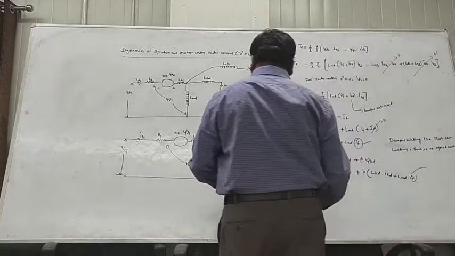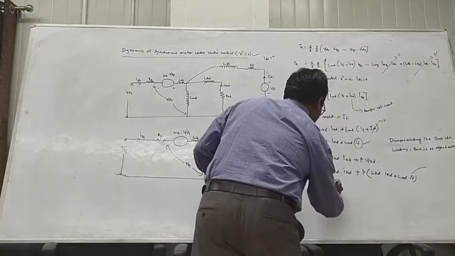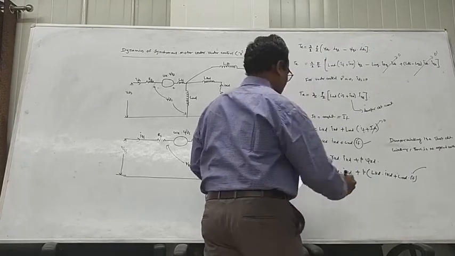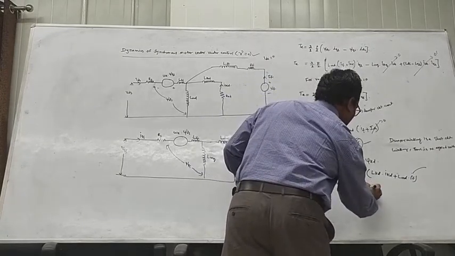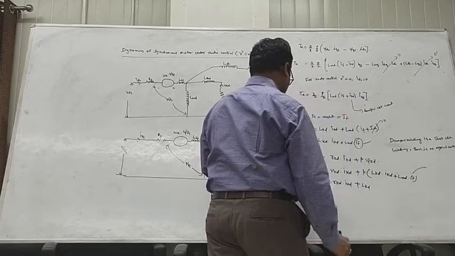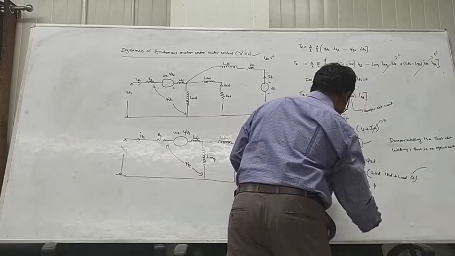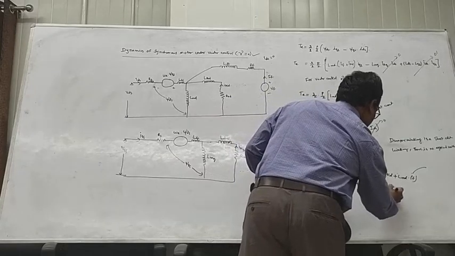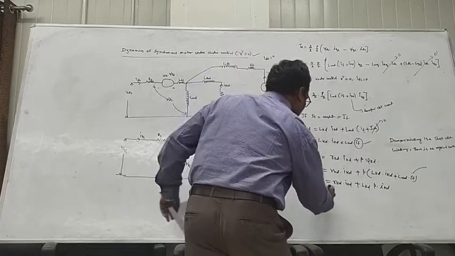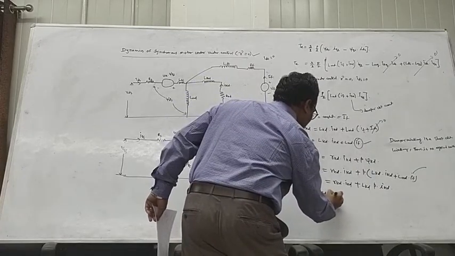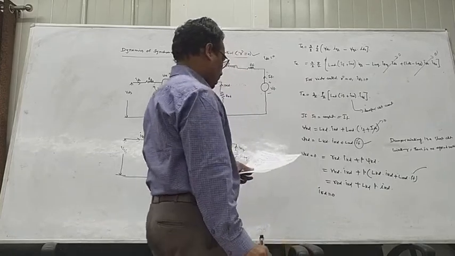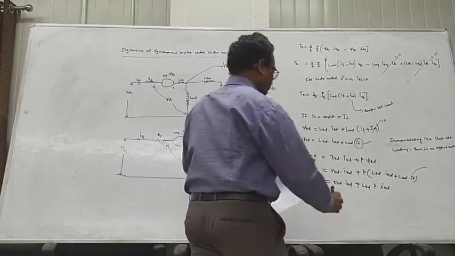So finally what I am writing here is RKD into IKD plus LKD into the differentiation of IKD. Therefore IKD is equal to 0 for steady state condition.